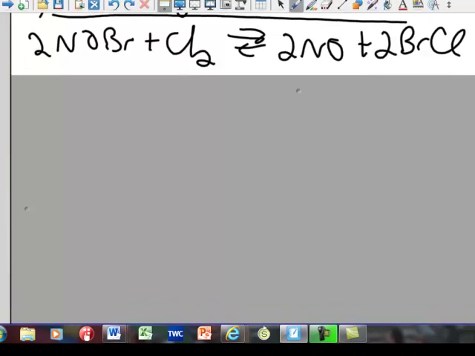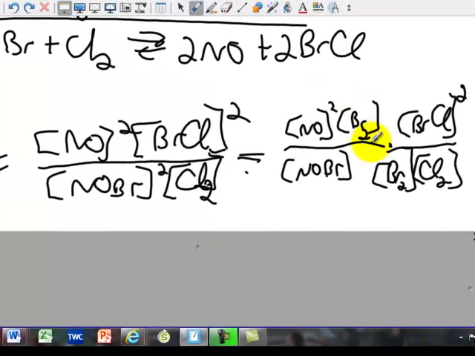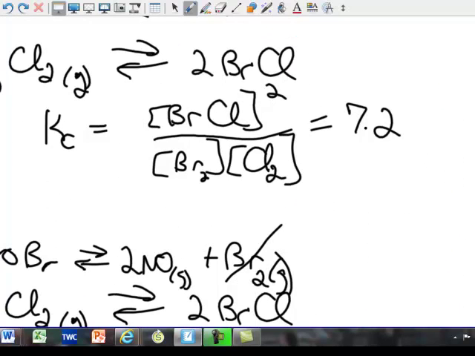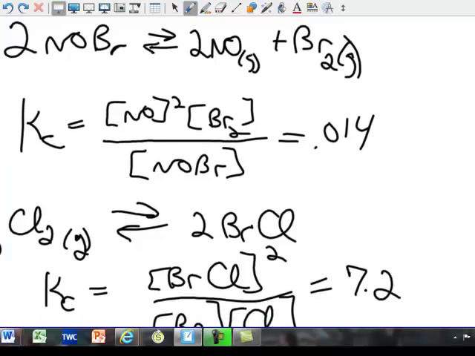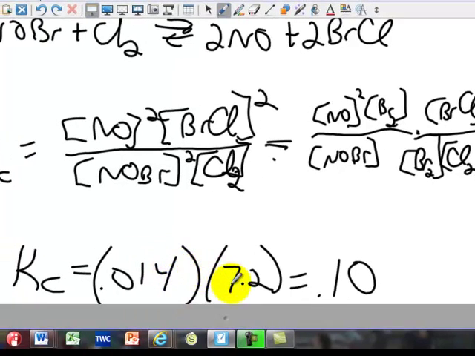Now the K for this is concentration of NO squared times the concentration of BrCl squared over the concentration of NOBr squared times the concentration of Cl2. Well, look what that is. That's the K I had before times this other K I had before. It's this guy, 7.2, times this guy, 0.014. And that's how I know what the new K is. 0.014 times 7.2. That always works.